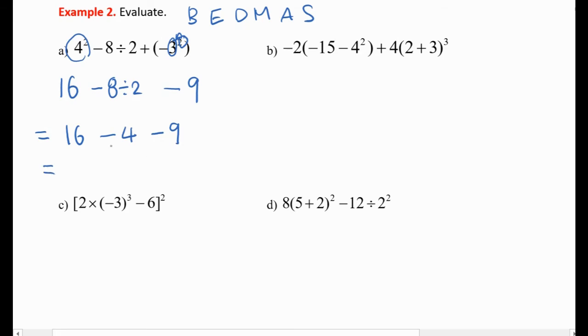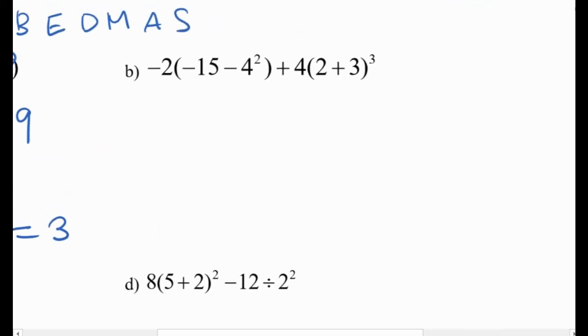Okay, so let's do the first subtraction and then you do the second subtraction. So when they are in the same rank, you do whichever comes first. So 16 minus 4 is 12 minus 9. And 12 minus 9 is 3. So the final answer is 3.